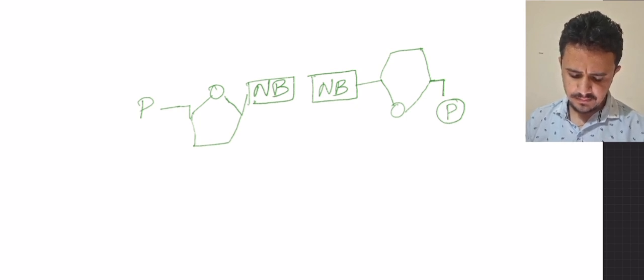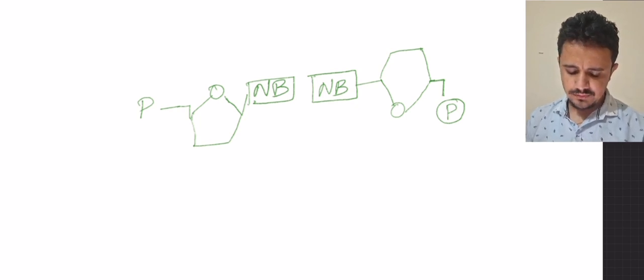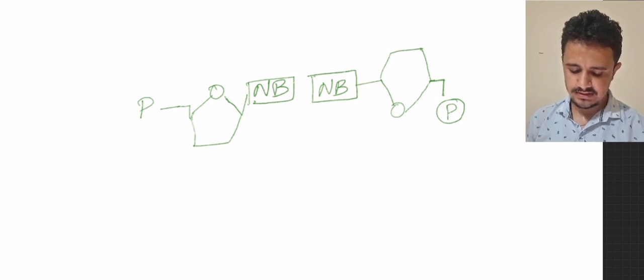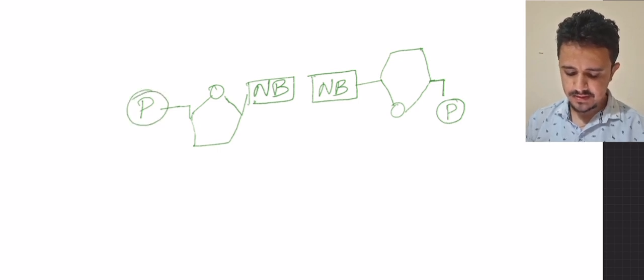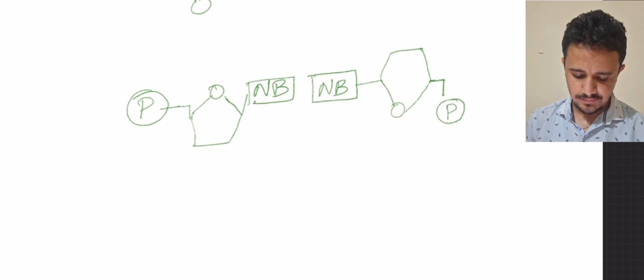So if you see here, on one side the orientation is different, right? Here the orientation is this way, and on the other side the orientation is different. So now another nucleotide will come, and that nucleotide will bind with this phosphate. Okay, and which part of that nucleotide will bind now? If I were to draw one more here, you see it will bind like this.